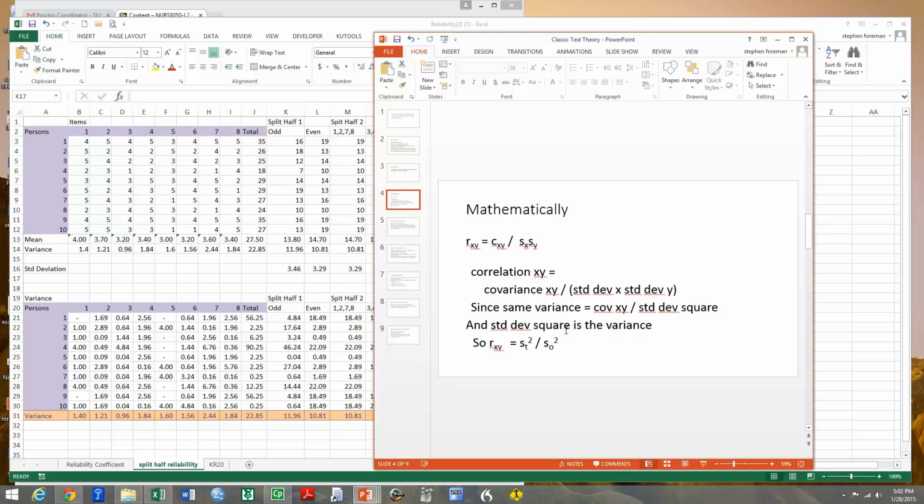And since the standard deviation squared is the variance, our correlation between x and y, the correlation coefficient, is going to be the true score variance divided by the observed score variance. So we're back to our proportion of the observed variance that relates to the true variance, and we estimate that by the correlation or the covariance between x and y.